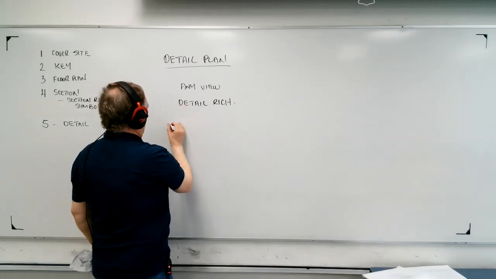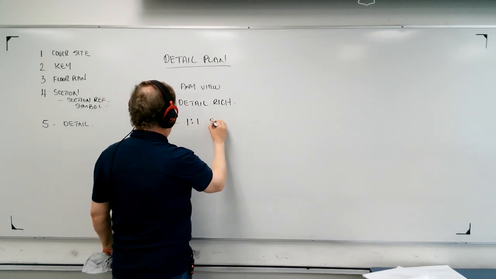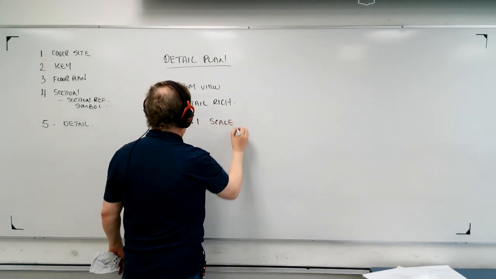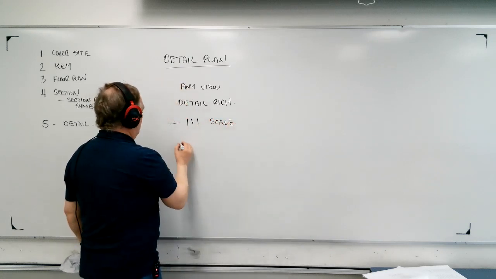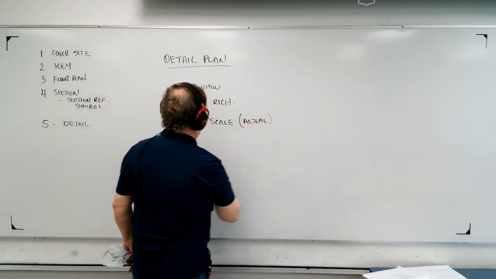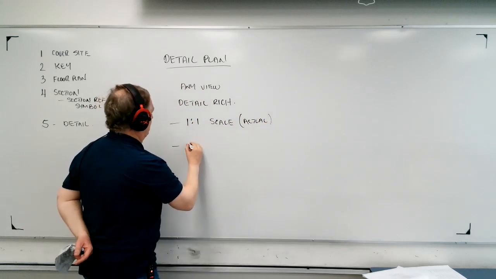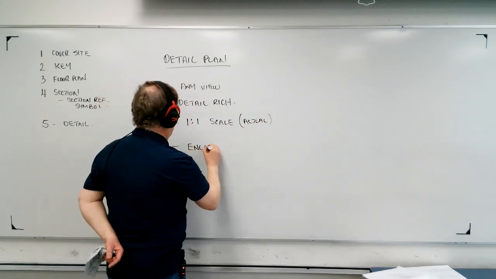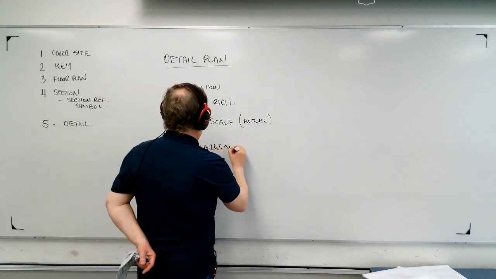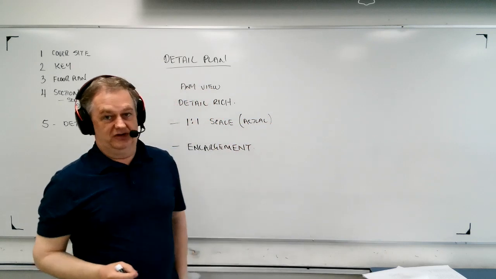And they are quite often 1-to-1, which would be actual size, okay? Or in some cases, even what we would call an enlargement. So really, the drawing is actually larger than the object, okay?